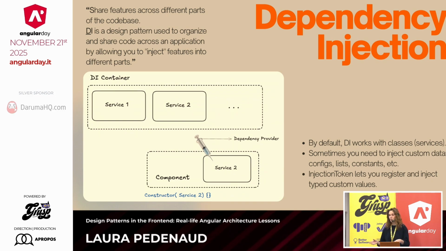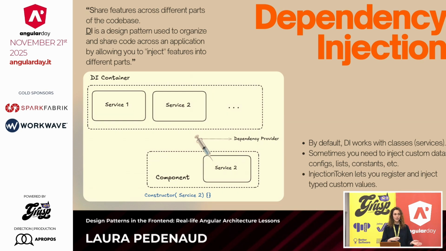Basically, the problem it solves is that it permits easier sharing of behavior across the whole code base and decouples the usage of a responsible unit from its implementation. I think you all used dependency injection when you write the constructor, parentheses, service one, etc.